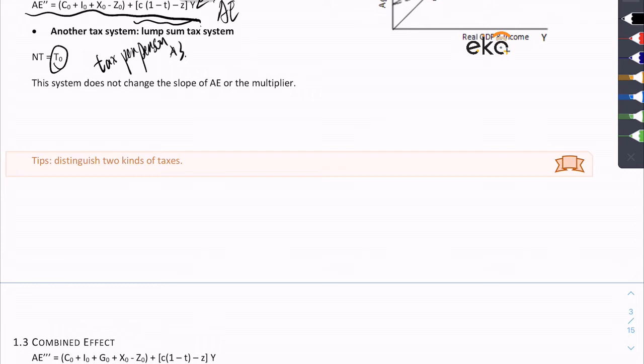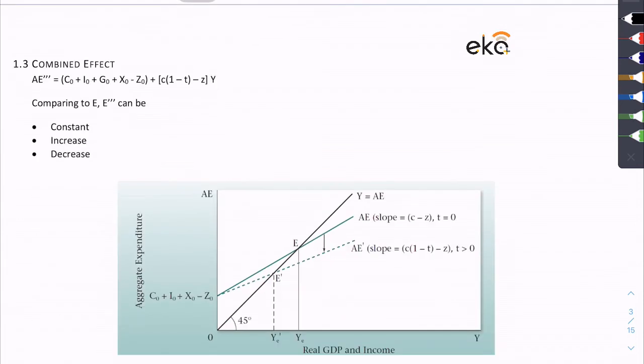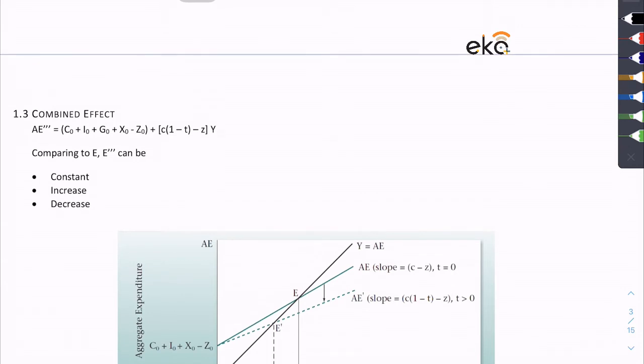The tip here is to distinguish the two kinds of taxes. Now the combined effect. This means we are adding G0 and T into the original AE formula. Compared to the original, the new AE function can be constant, increase or decrease. They can all happen.